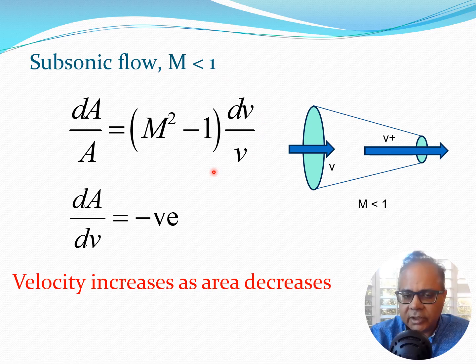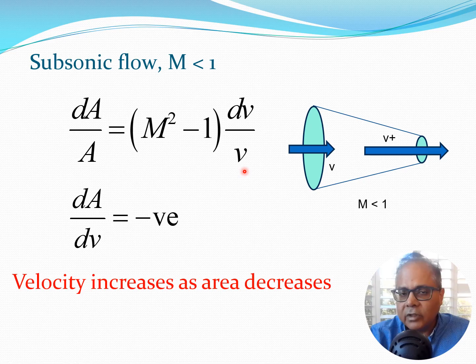So let's take this equation here, and now let's think about the possibility that the Mach number is less than 1. So in that case, what would happen? This M square would be less than 1, so this term would be a negative term here. So essentially I can say that dA by dV is going to be negative, because do remember that A and V are positive values.